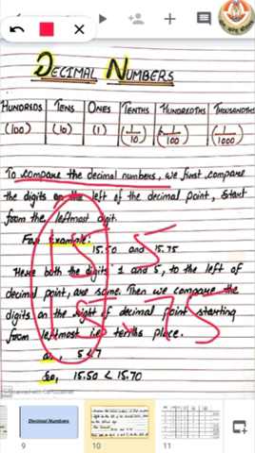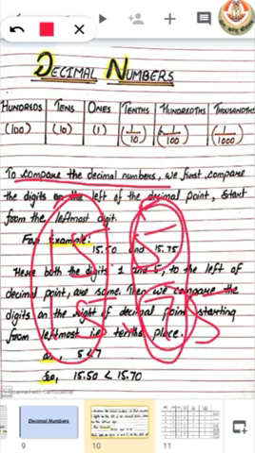If the digits on the left side of the decimal are the same, then we have to see the digits on the right side of the decimal to compare the decimal numbers. Here we can see that 5 is smaller than 7. That means this number is greater than this number.